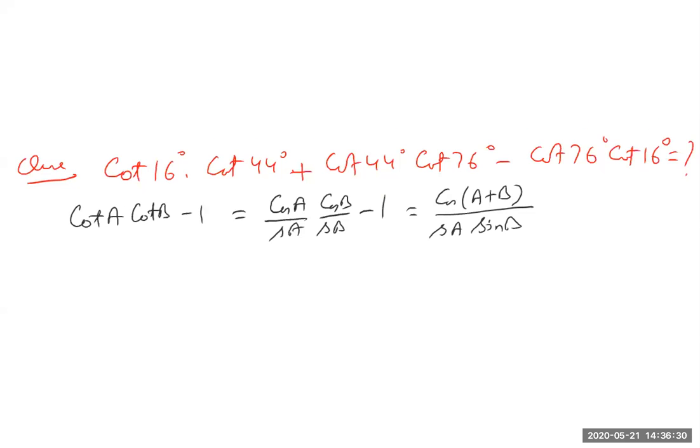Why am I interested in converting to A plus B? Because 44 plus 16 will be equal to 60 degrees. So what I will do, I will write here minus 1, minus 1, and plus 1, plus 1.